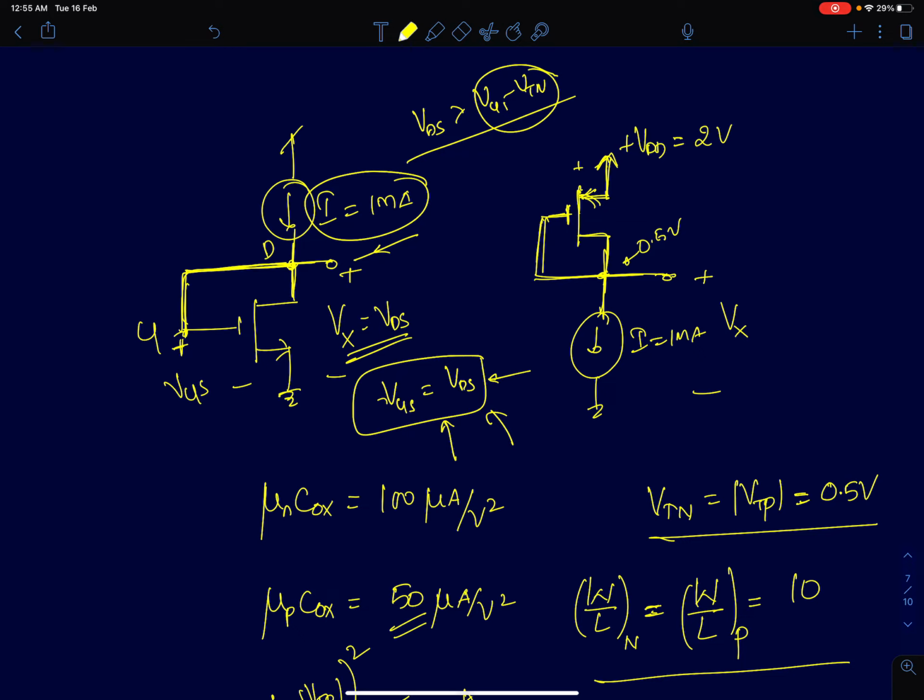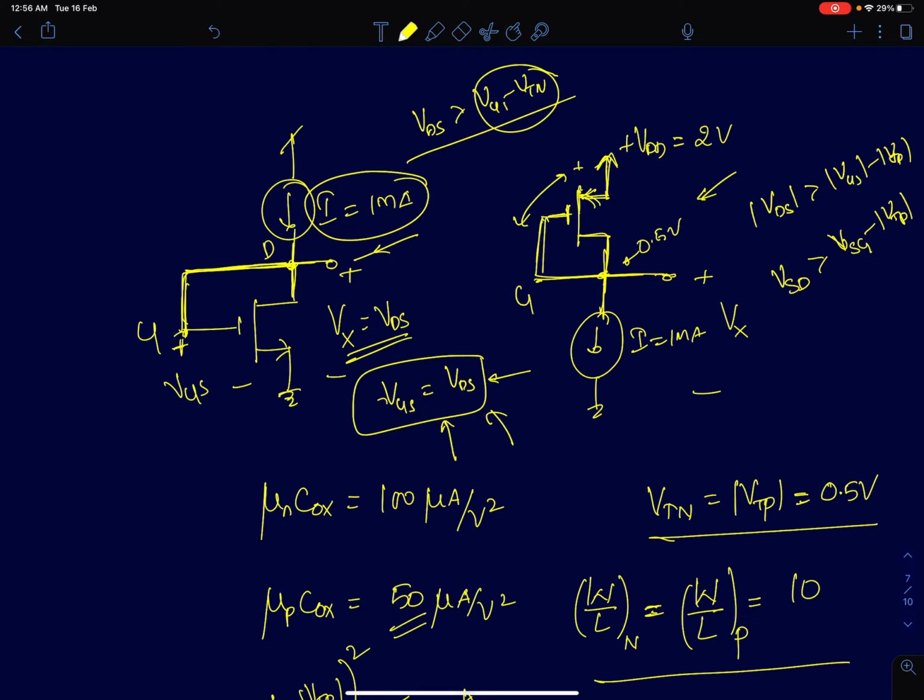Similarly, for the PMOS device, you can directly take modulus and apply the conditions, which means mod of VDS should be greater than mod of VGS minus mod VTP, or in a more accurate way, VSD, because the source is at a higher potential, should be greater than VSG minus mod VTP. This is the condition for saturation in a PMOS device. Now you can directly see here, this is your gate terminal.